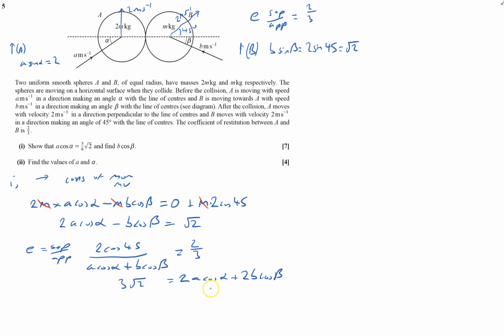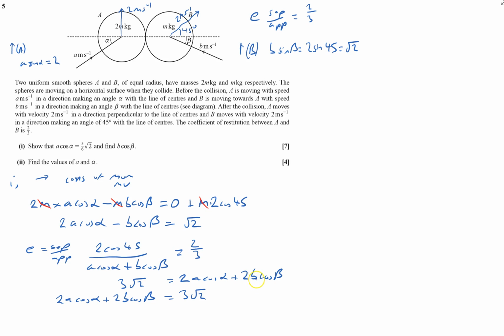So this is just going to be simultaneous equations now. I'm going to write this the other way around underneath it. So I've got 2A cos alpha plus 2B cos beta equals 3 root 2. That's that bit.